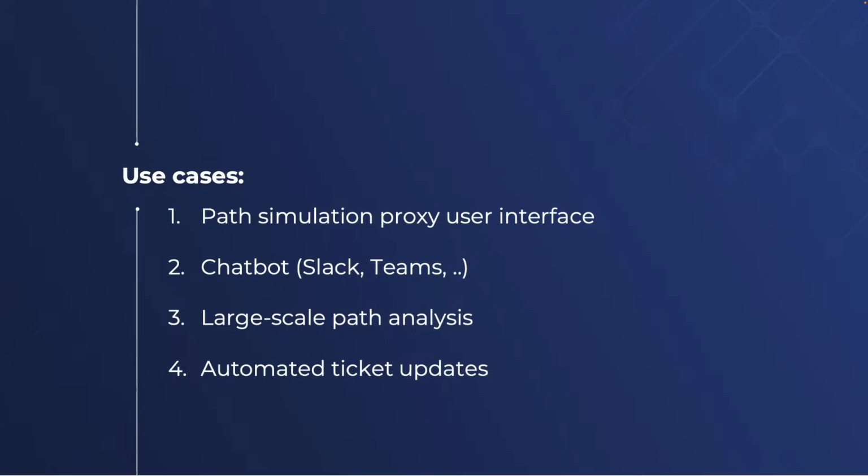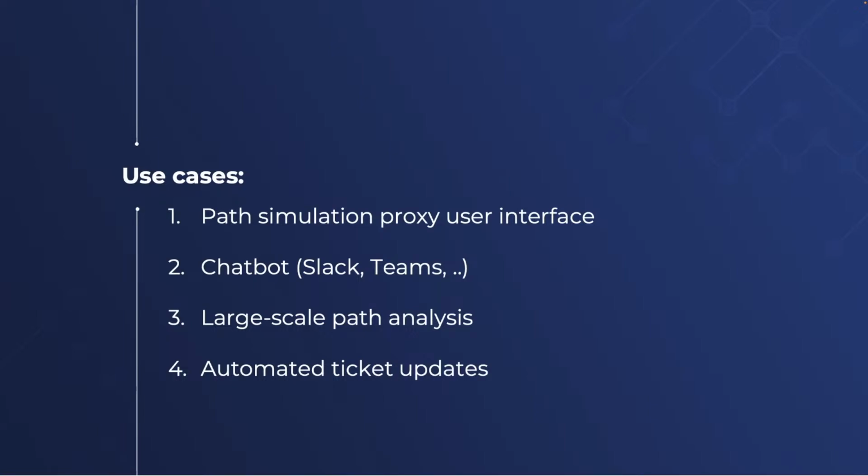Another use case is what I call large-scale path analysis. So imagine you are implementing a new server and you want to make sure that 50 or even 100 source IP addresses are able to reach the server once all the security policies are implemented across your network or on multiple firewalls that are on the path, and you want to run 100 simulations using IP Fabric, right?